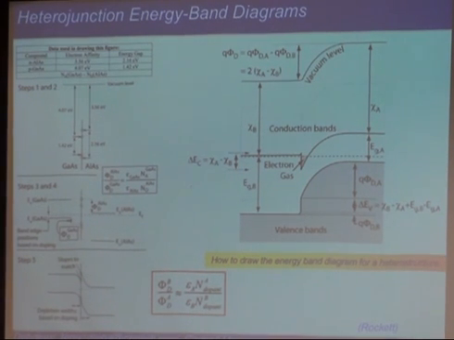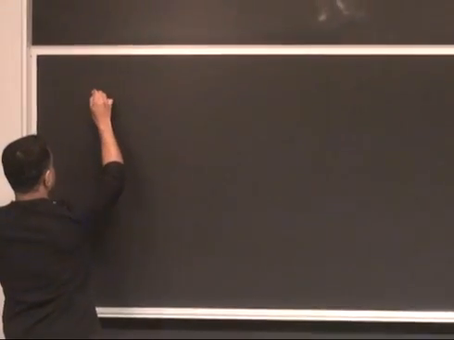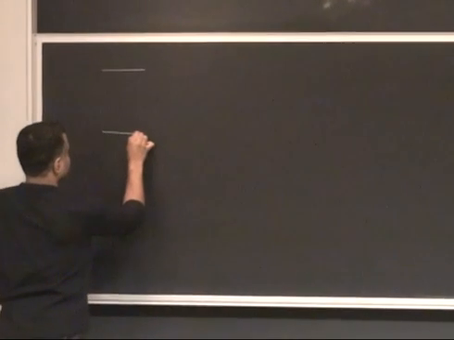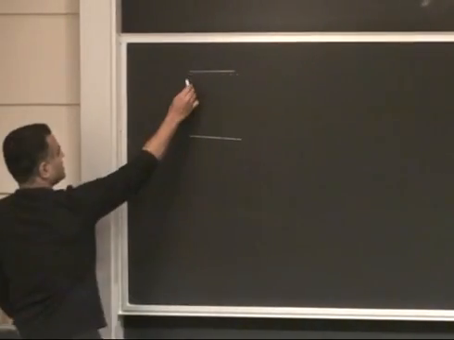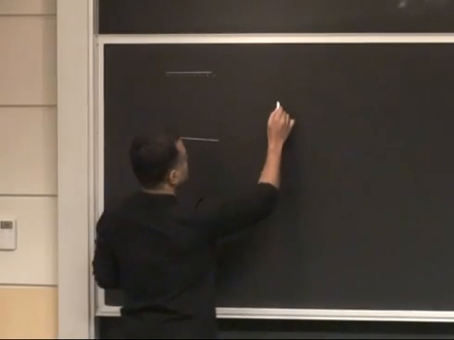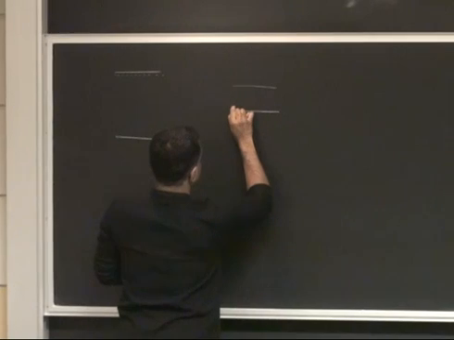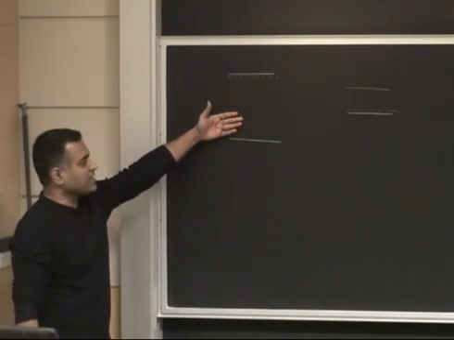Towards the very end of the class on Friday, we said that we are going to put together two materials: one a wide band gap semiconductor with a doping such that the Fermi level is near the conduction band, so that's clearly n-type, and another a narrower band gap semiconductor doped p-type such that the Fermi level is near the valence band. And what is the band diagram when you put it together? That's the question we had discussed in the last class.